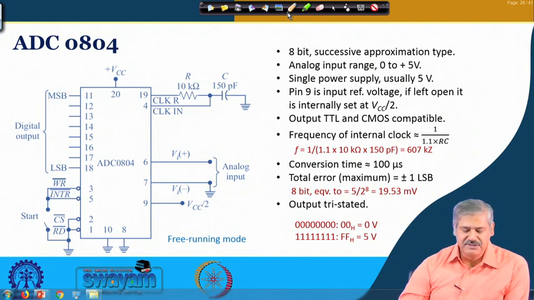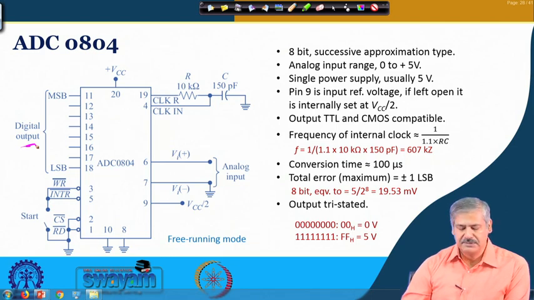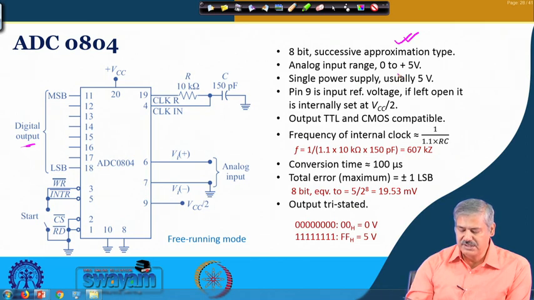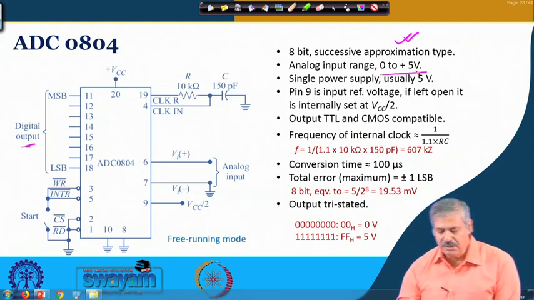This is an 8-bit ADC, and it is of the successive approximation type. We understand what is successive approximation, isn't it? The analog input voltage range that you see over here is 0 to plus 5 volt as such, but we shall see how we can change it.